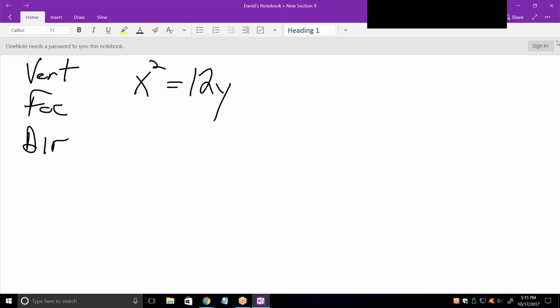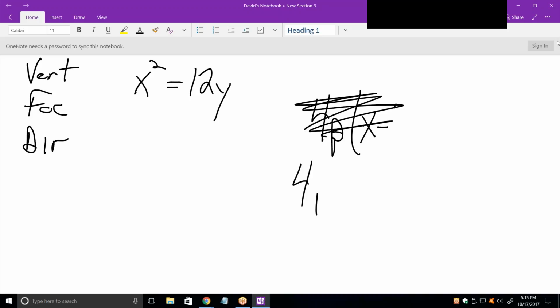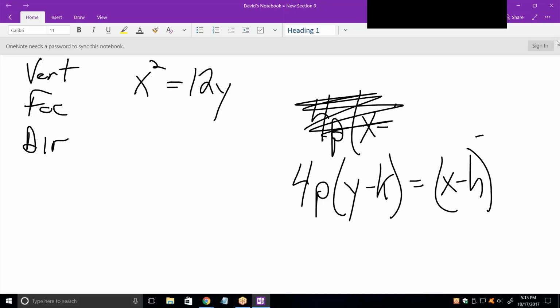Now, tell me if they've given you this new format. The new format basically is this: 4P times (y minus k) equals (x minus h) squared.